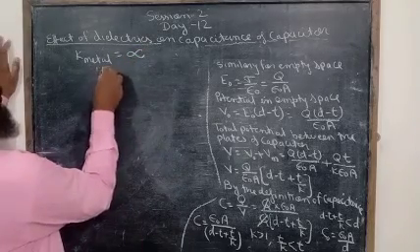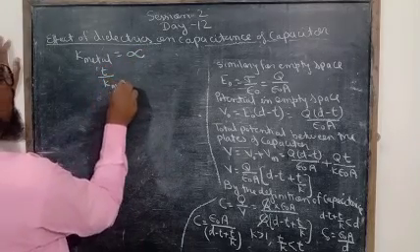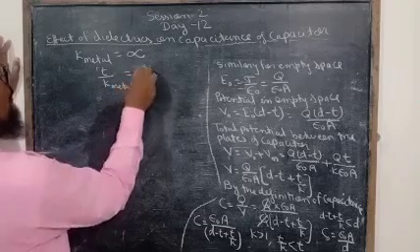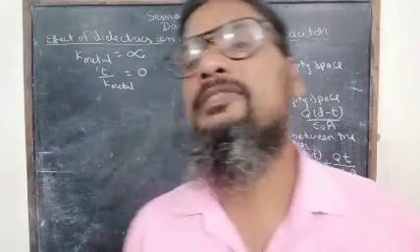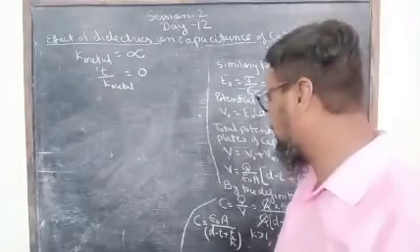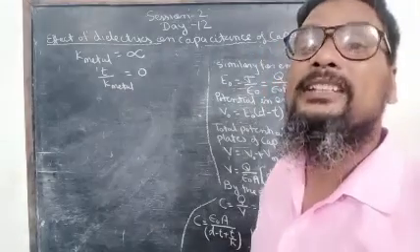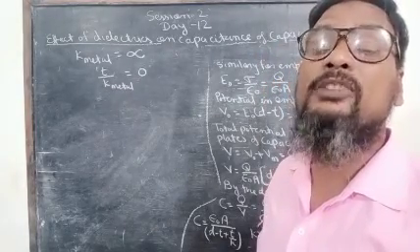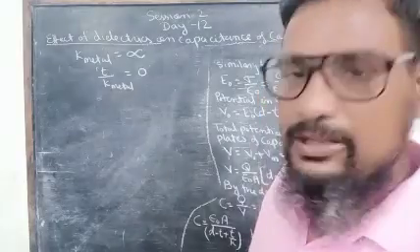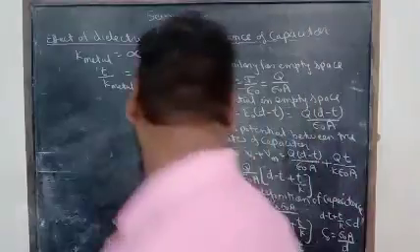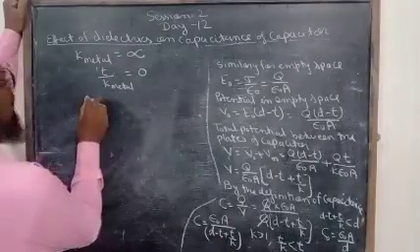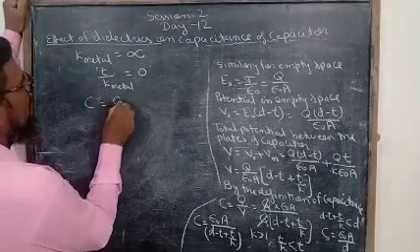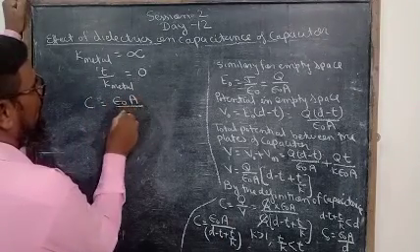So T upon K for metal is equal to 0, as K is infinite. If a metal plate is introduced between the plates of the capacitor instead of a dielectric substance, then in that case the value of T upon K will be 0, and C will be equal to epsilon naught A upon D minus T.